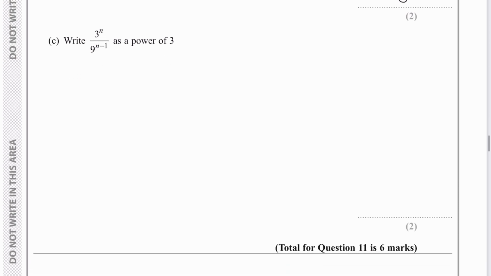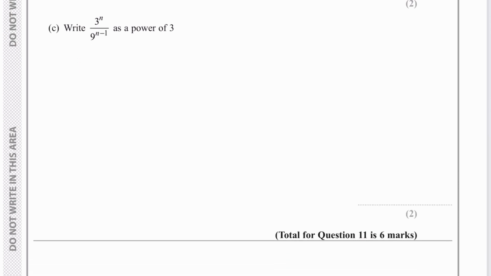Okay, let's move on then to part C. This one's a little bit trickier because effectively we've got 9 at the bottom. So what I'm going to do is I'm going to rewrite that 9 as 3 to the power of 2, and then that's the power of n minus 1. Okay, so let's have a look at what happens then. Well, I've got 3 to the power of n as the numerator.